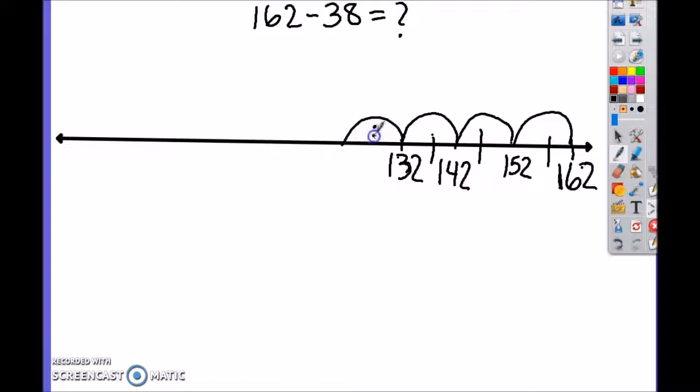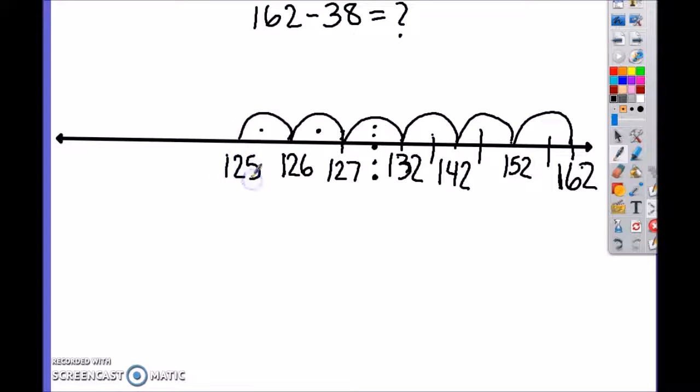Now let's try jumping back by fives. I'm going to draw 5 dots to represent 5 numbers being jumped back, and we'll be landing at the number 127. We still have to keep jumping back, so I'm going to jump back another one and land on the number 126, and then count back another one to land on 125.